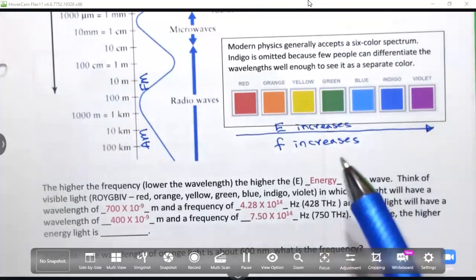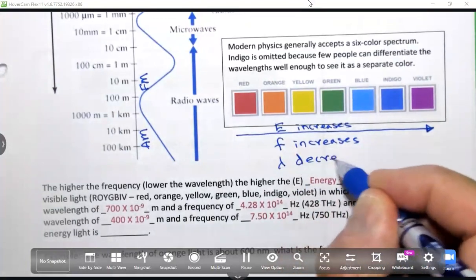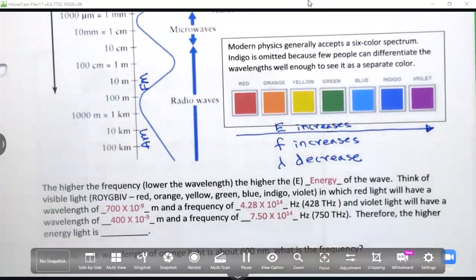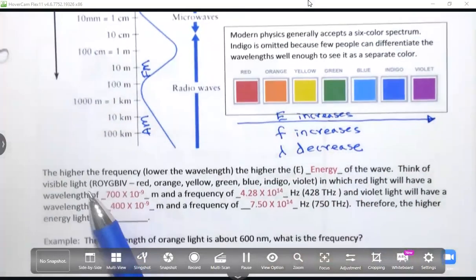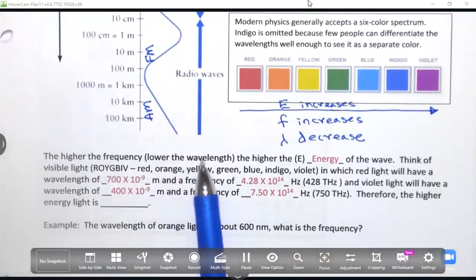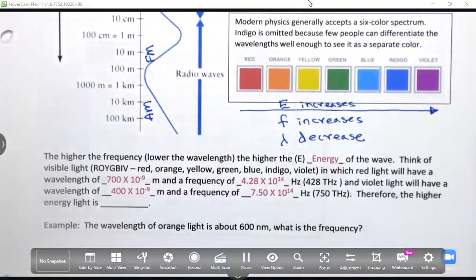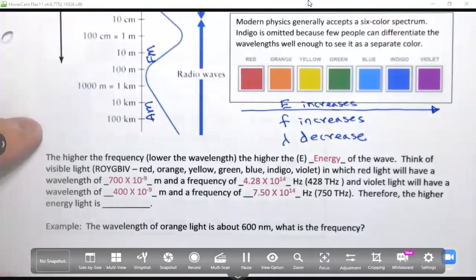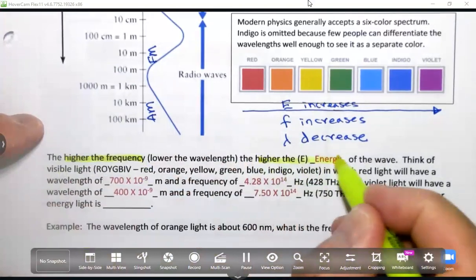And obviously then wavelength is going to decrease. So the higher the frequency, the lower the wavelength, the higher the energy. Again, frequency and energy go together. The higher the frequency, the higher the energy.